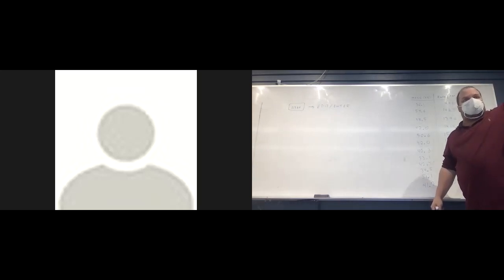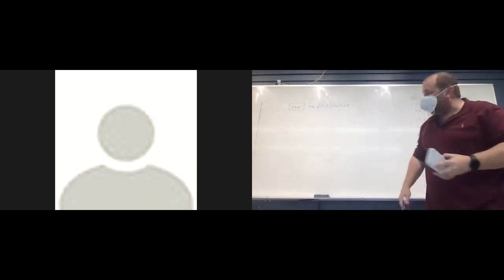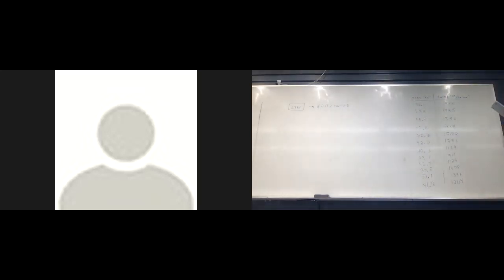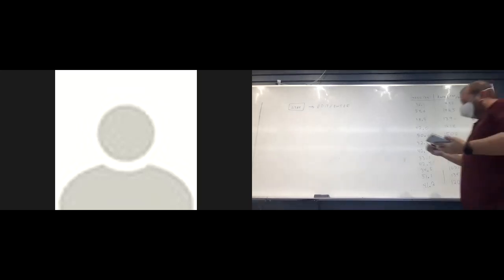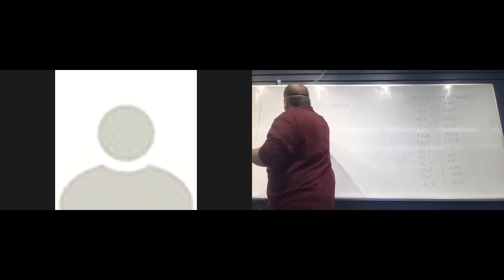It'll take you to a list screen. Put the data in. List 1: 36.1, 54.6, 48.5, 42.0, 50.6, 42.0, 40.3, 33.1, 42.4, 34.5, 51.1, 41.2. So your X, this is step 1.